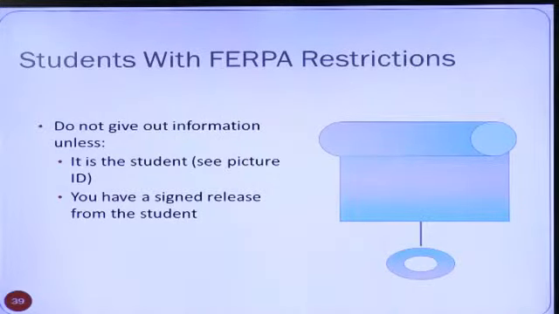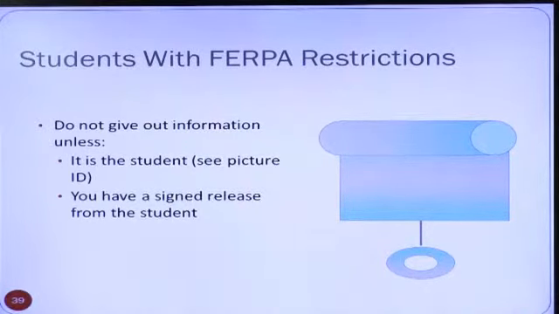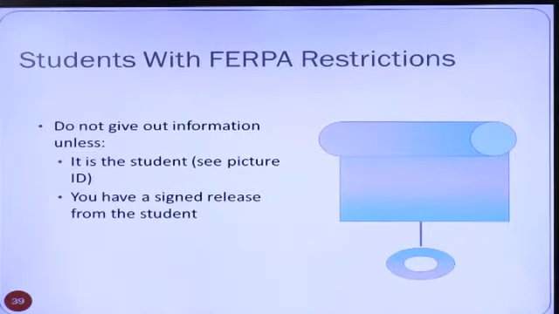Students who don't want anything released put what's called a FERPA restriction on the record. That little window shade icon, when you pull it up in PeopleSoft, will show up on their service indicators. That means if someone calls you and wants information, even if it's the student, you say no. You just say, I can't release anything about that person, or I don't have any information about that person, whatever the case is.